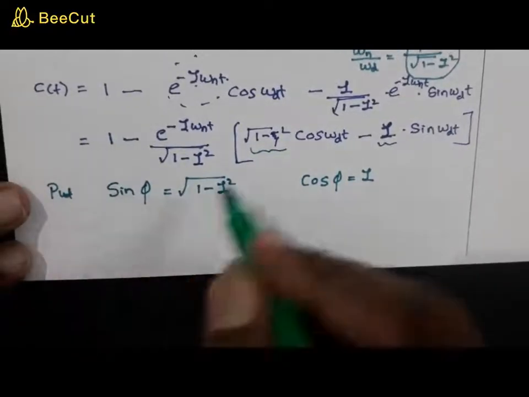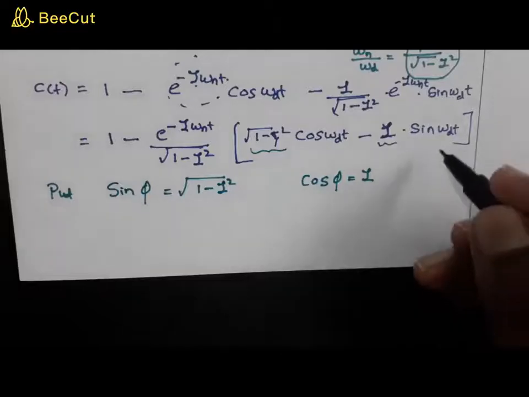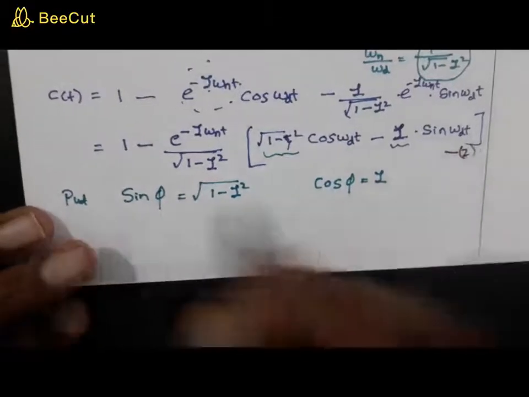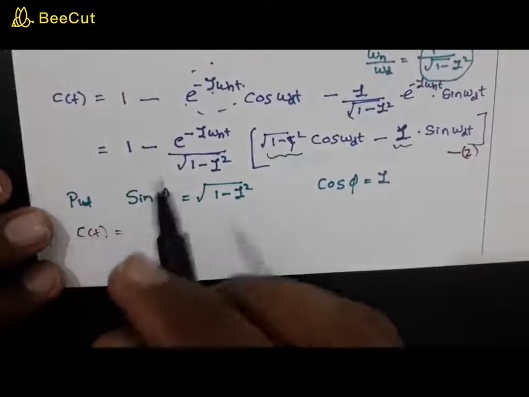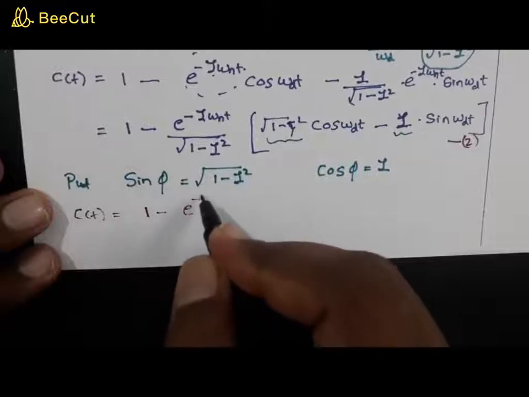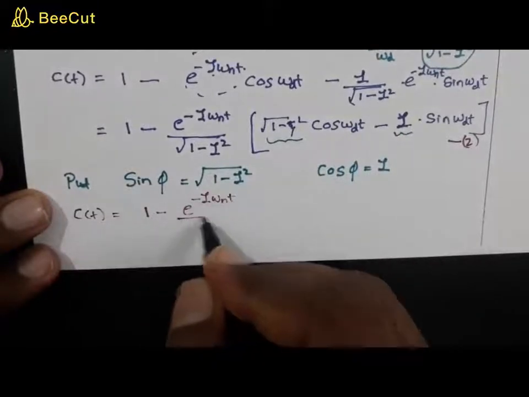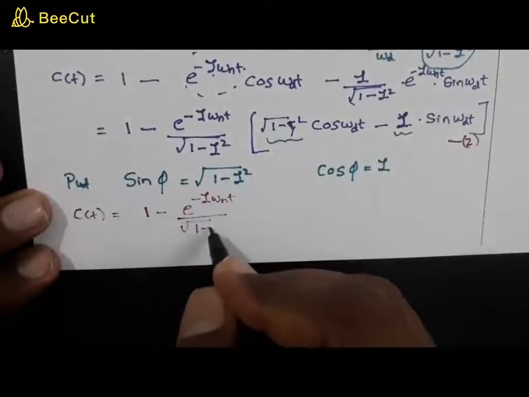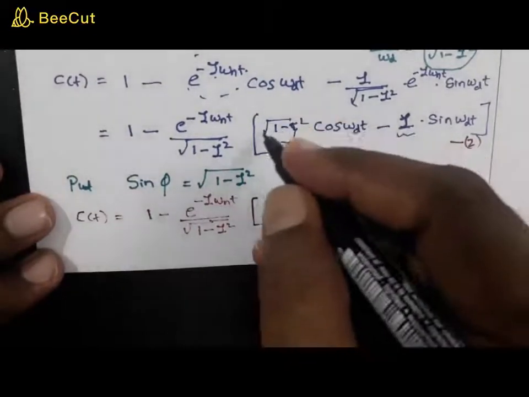Okay, rewriting that now, substituting those in this equation, call this equation 2. So substituting in 2, we get c of t to be equal to 1 minus e raised to minus theta omega n t divided by root of 1 minus theta square into, what is this root of 1 minus theta square?